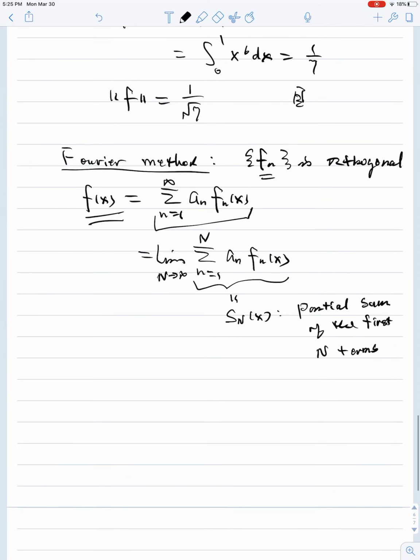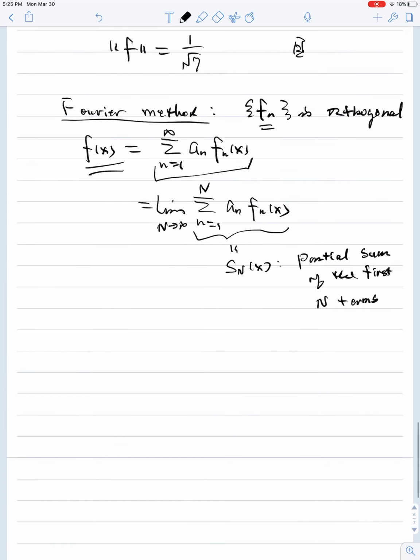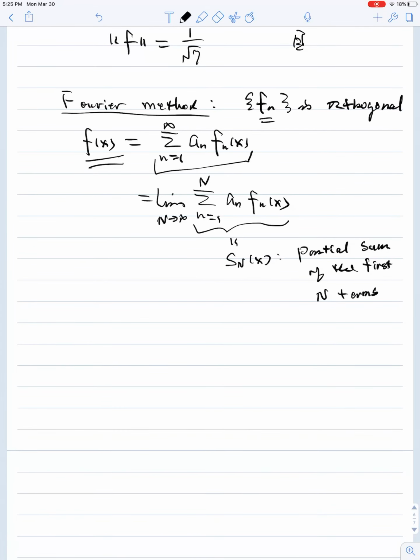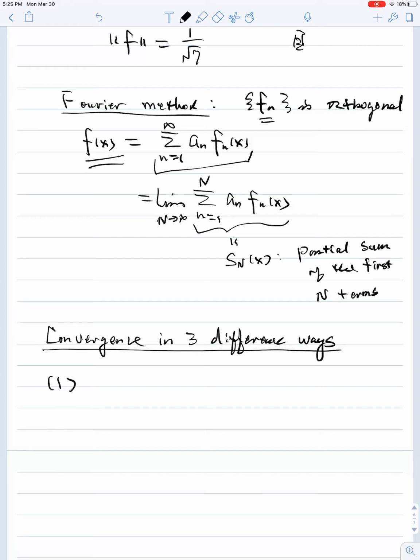Now, the convergence we can discuss in three different ways. The first way is the one we are familiar with, what we call pointwise convergence.